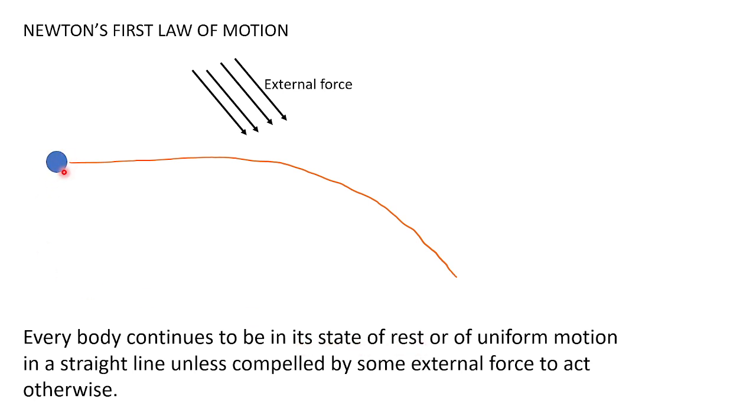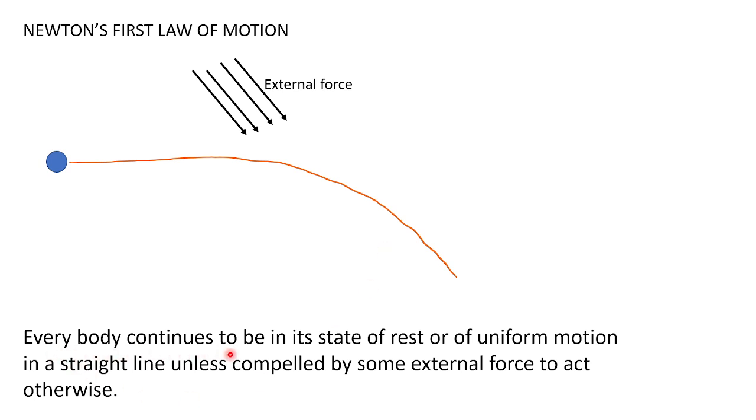If the ball is stationary, it remains stationary if no force is acting on it. If the body is at rest, it remains at rest. If the body is moving with a speed, it remains moving with the same speed if no external force. If there is any external force, its velocity will be changed.